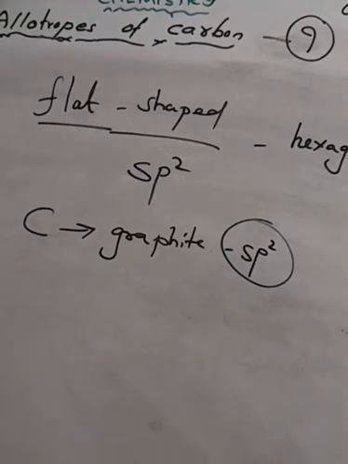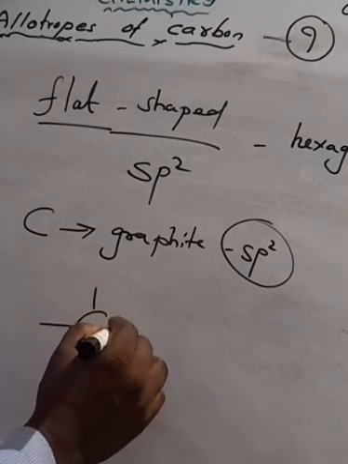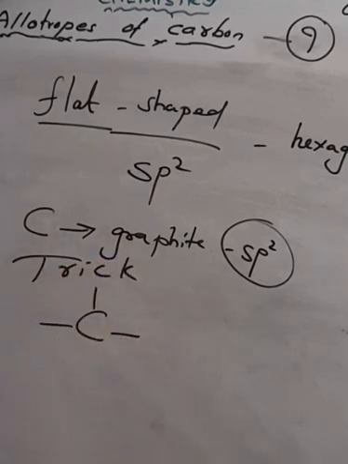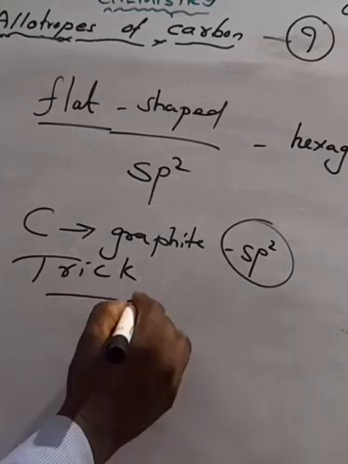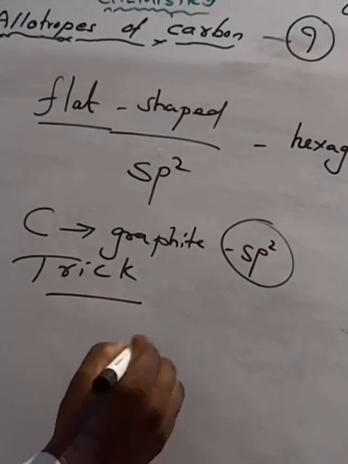I am giving one small trick for how to write the hybridization. If a carbon atom is surrounded by 4 different carbon atoms, that type of bond we call a sigma bond.